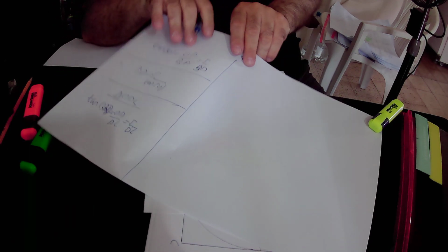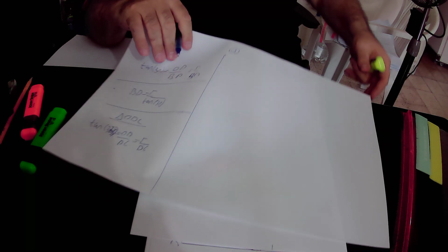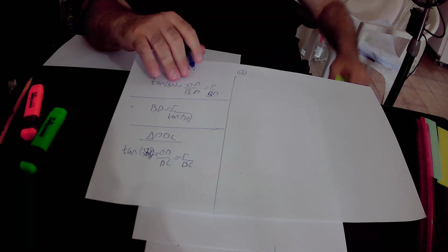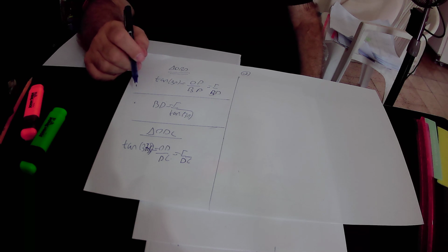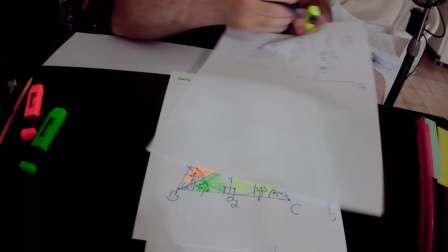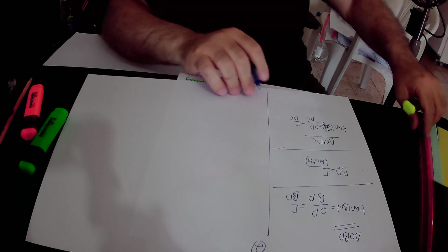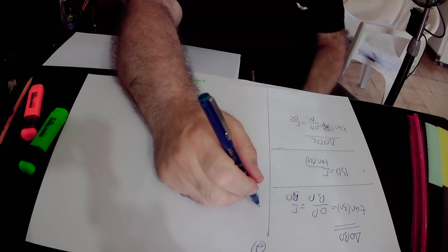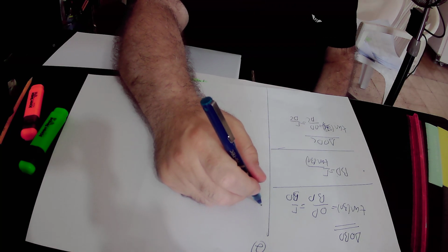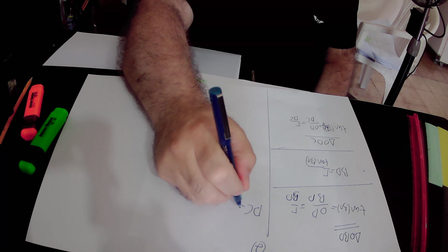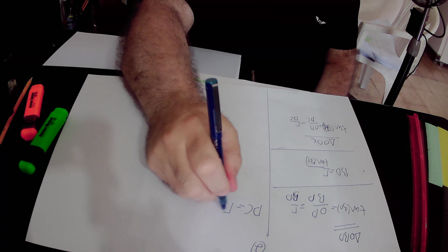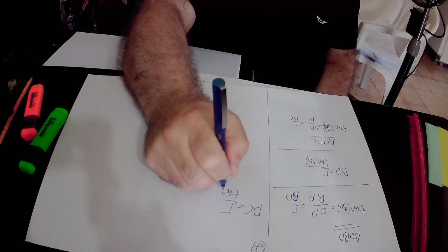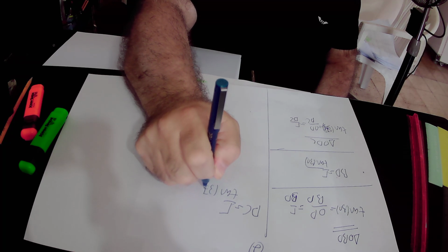So as I mentioned before, we will multiply this equation by DC and then we divide it by tangent 37.5 degrees and we get that DC is equal to R over tangent 37.5 degrees.